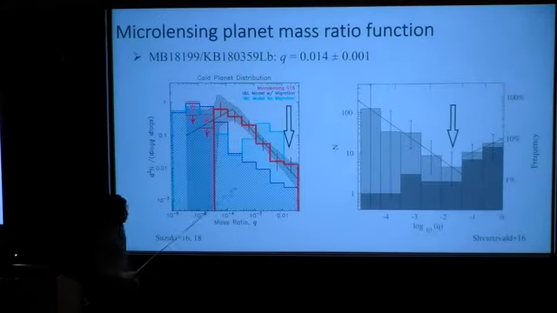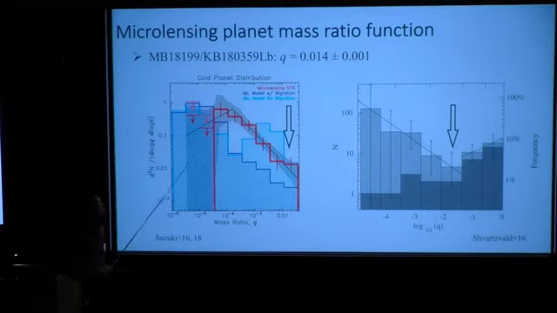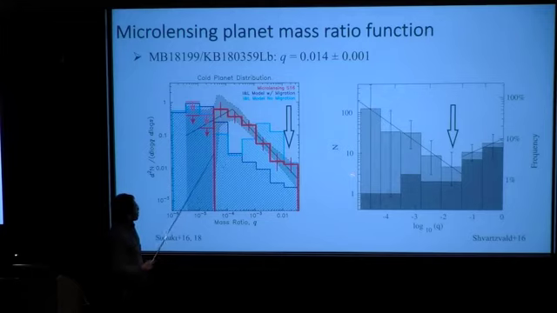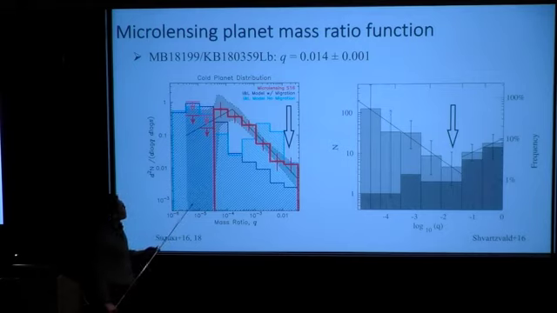So here, the left panel indicates the recent statistical study which compares the mass ratio function from the microlensing survey in red to the blue histogram, which is the mass ratio distribution from the population synthesis model based on the core accretion model.